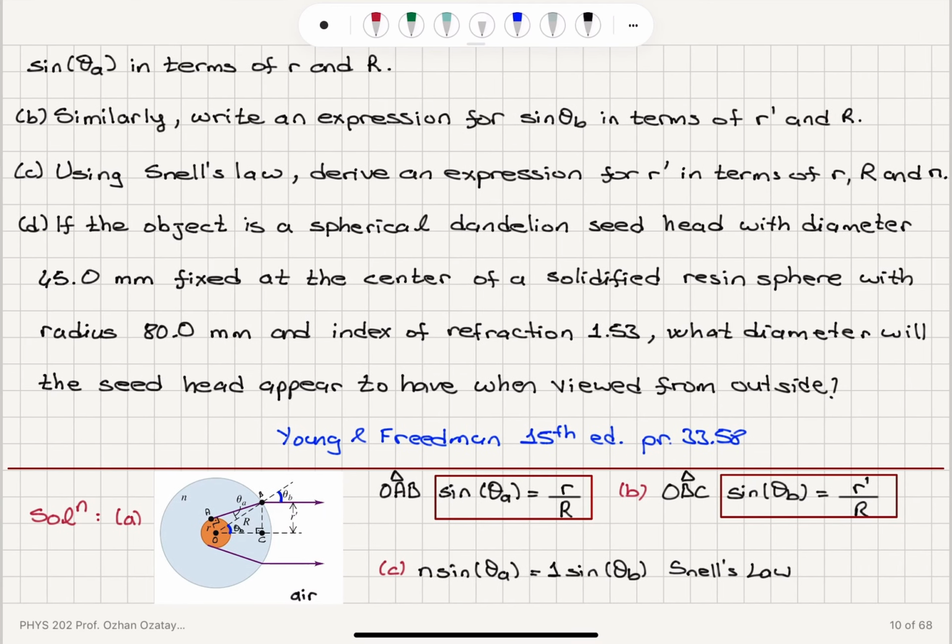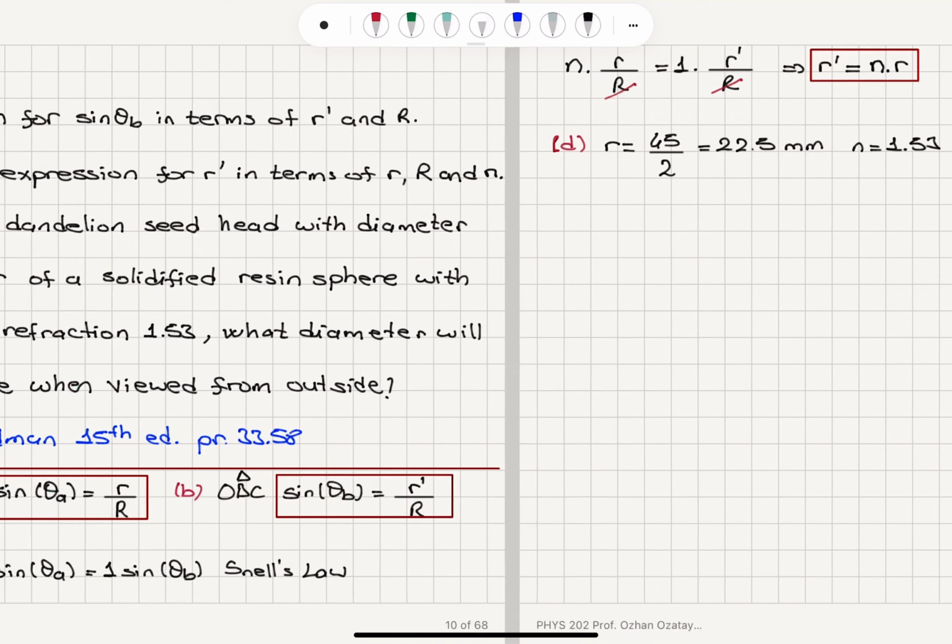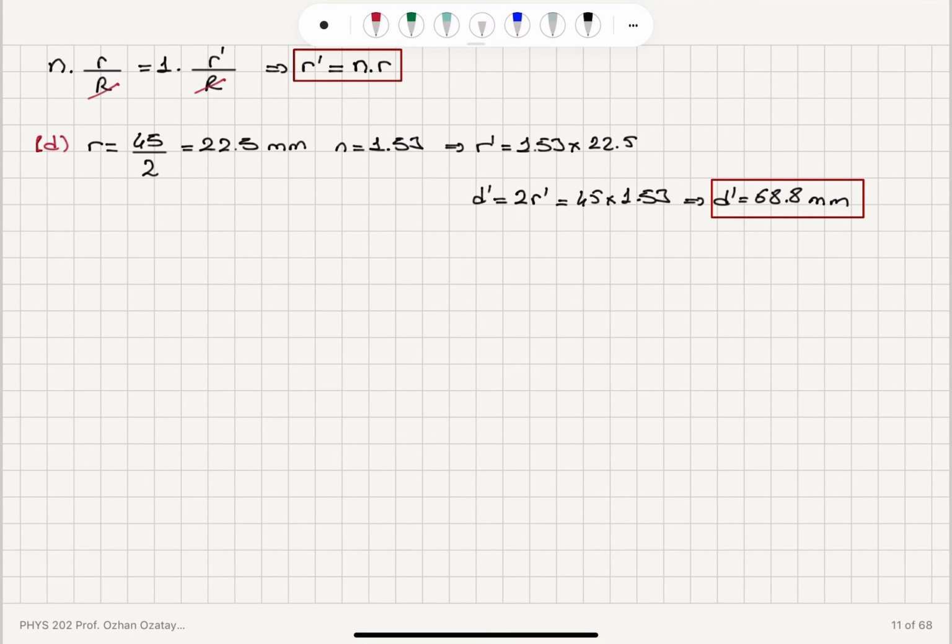And if we have a spherical object with diameter 45 millimeters at the center, it's going to have a diameter n times the diameter, so 1.53 times 45, 68.8 millimeters when viewed from outside.